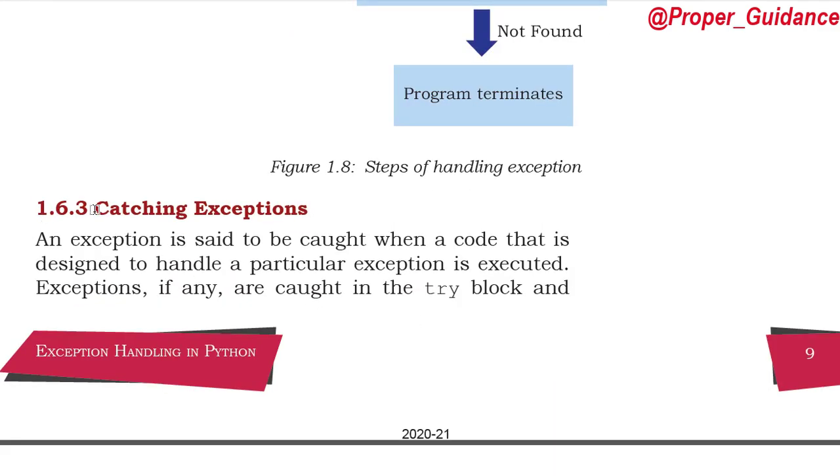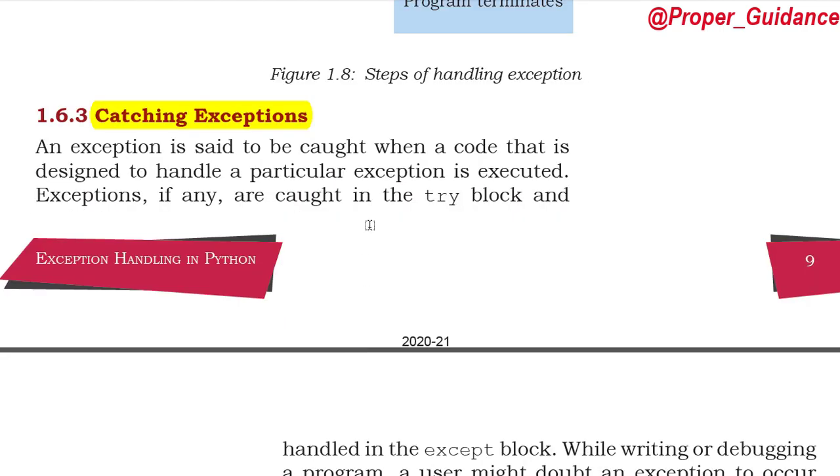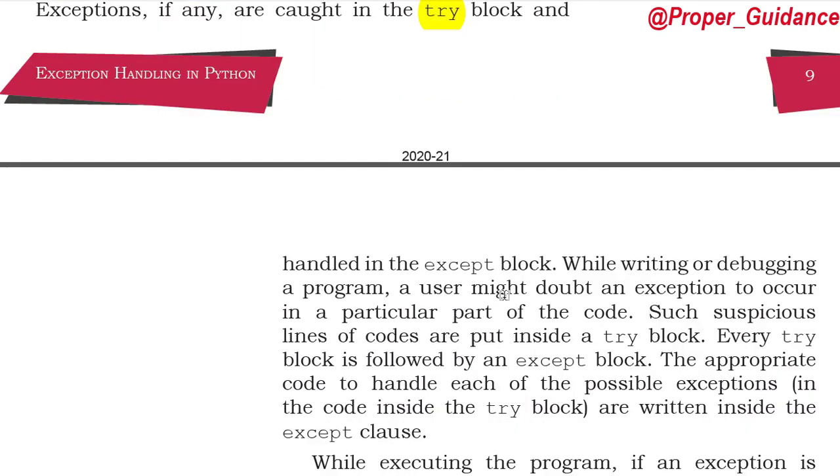Now, catching exceptions. An exception is said to be caught when code that is designed to handle a particular exception is executed. Exceptions, if any, are caught in the try block and handled in the except block. While writing or debugging a program, a user might suspect an exception to occur in a particular part of the code.